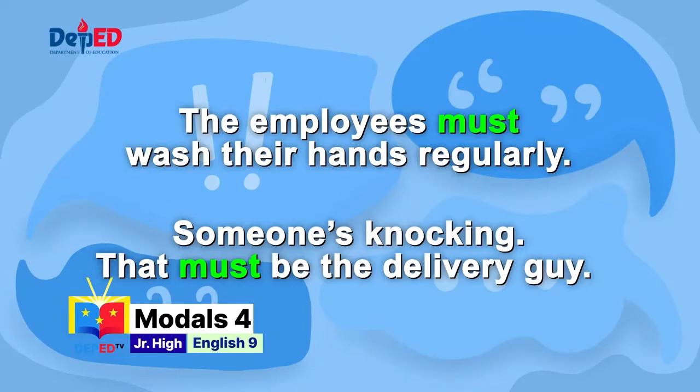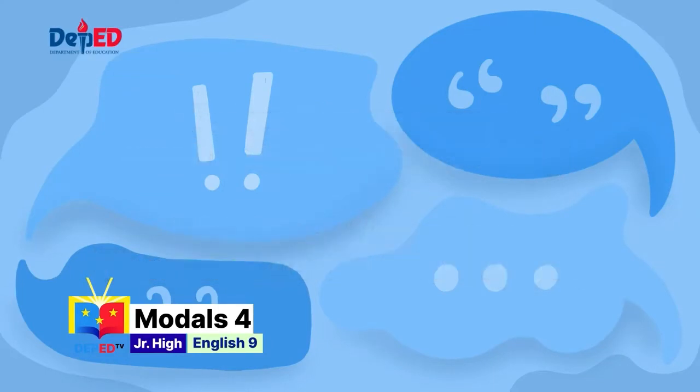Notice that both sentences used must, but the meaning is different. The first sentence used the function that we talked about before, using must to express obligation, while the second sentence used it to show a possibility or a conclusion about who the person at the door might be.